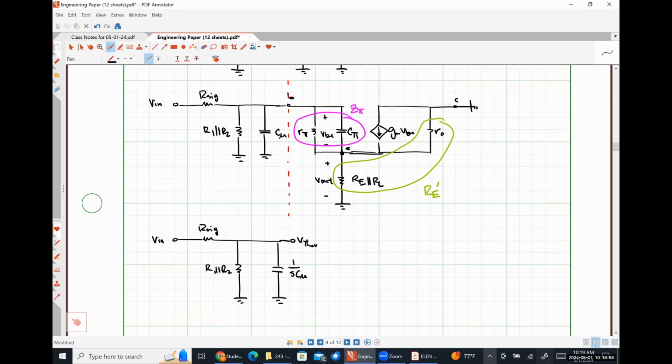So to me, unsurprisingly, this looks like yet another voltage divider network. So I'm going to say that V Thev is just Vn times the ratio of R1 in parallel with R2 in parallel with 1 over S C mu, divided by R sig plus R1 in parallel with R2 in parallel with 1 over S C mu.